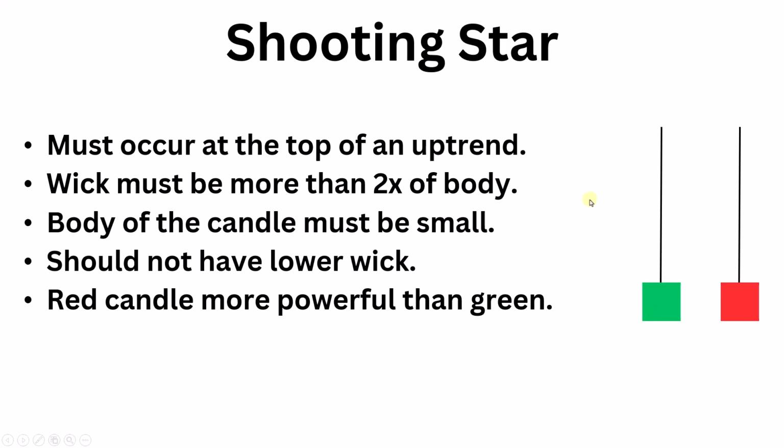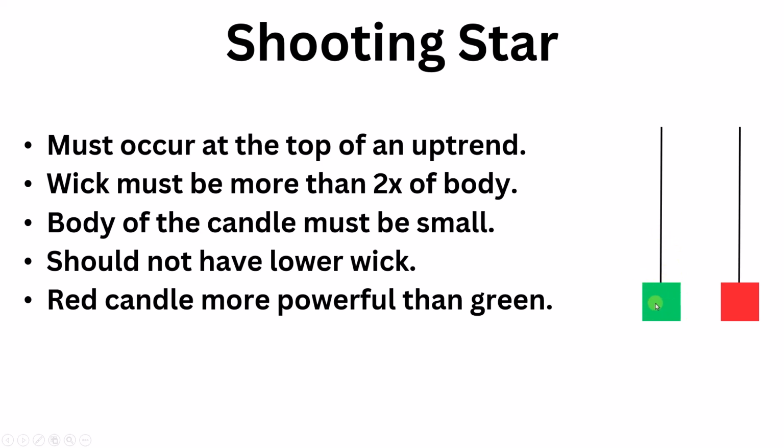Okay, so that is the first point. So we need to have a minimum of 4 or 5 green candlesticks, or the price should have moved up, and at the top the candle should appear.